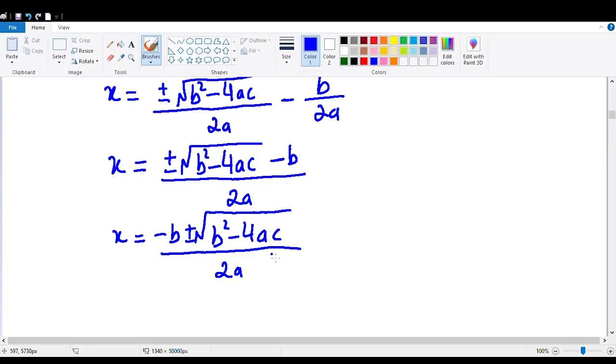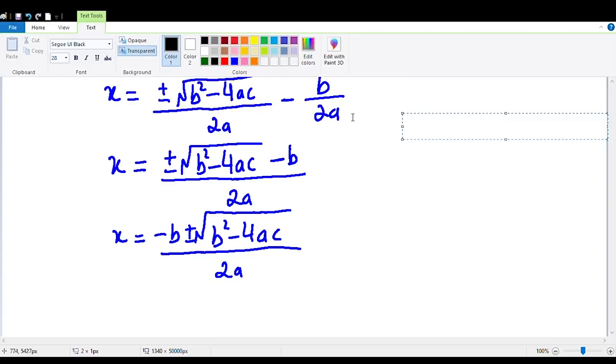Now, as you can see, this is a formula of its own, which was going to be our third method, basically a simplified version of the completing square method. Write it here.